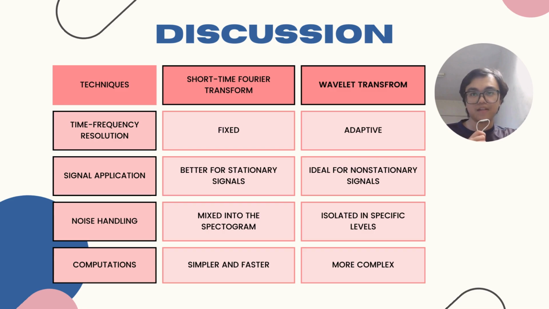As for noise handling, short time Fourier transform has a problem where the noise is mixed into the spectrogram, while wavelet is able to handle it by isolating it in specific levels. And for computation, STFT is a much simpler and faster method than wavelet, which is much more complex. So that is the comparison between these two techniques.